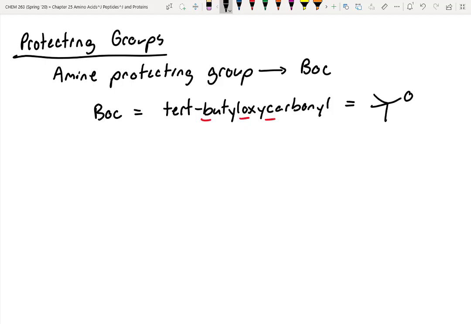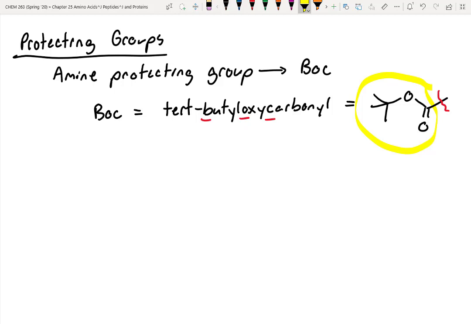It's got an oxy group, so that's the tert-butyl oxy, and then it's got a carbonyl group coming off of it like that. This whole group right here is called BOC, and it's normally attached to something else. So this is referred to as the BOC protecting group. As you can see, it's pretty sterically hindered, which provides some benefits too.